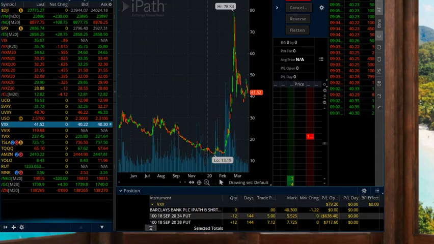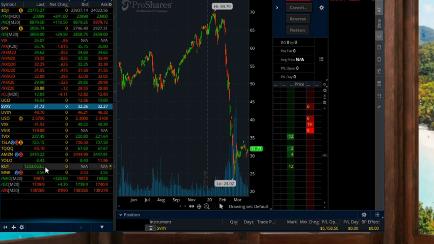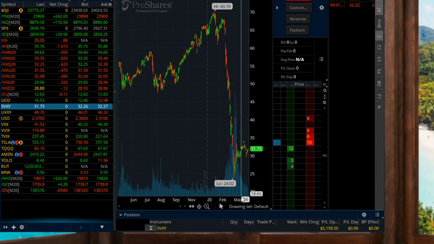And then the other bigger position I have is in SVXY. Remember, SVXY being 0.5 times leverage, it's deleveraged. It only moves at half the rate of the futures.